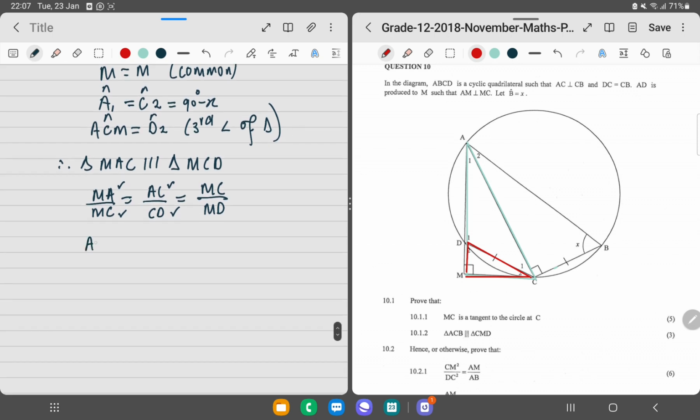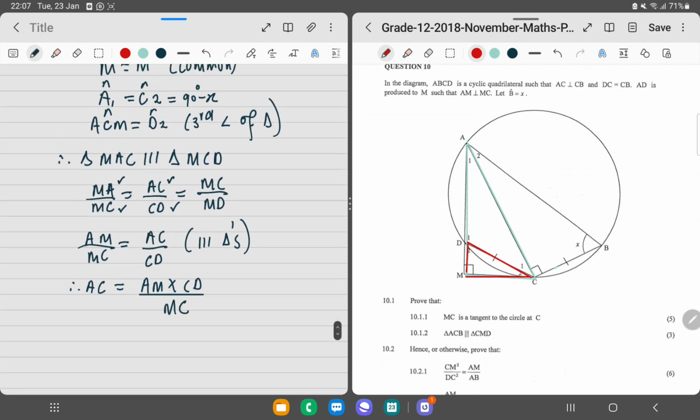Okay, so AM over MC is equal to AC over CD. Similar triangles. So this means that AC is equal to AM multiplied by CD all over MC.